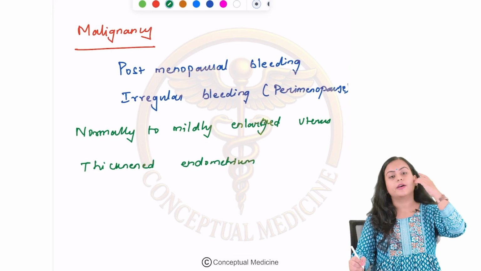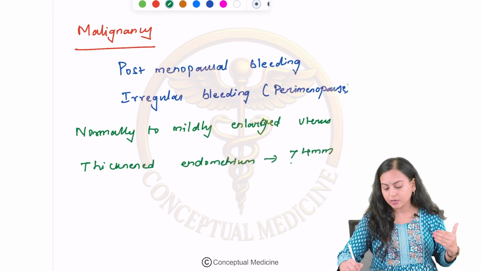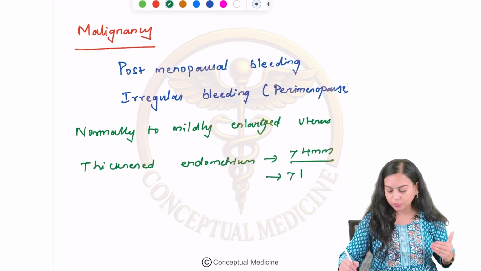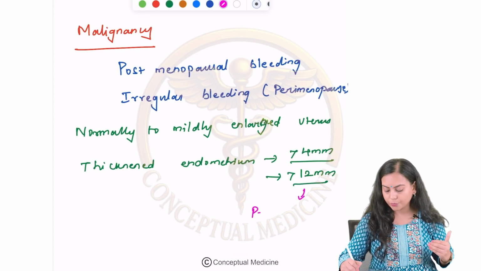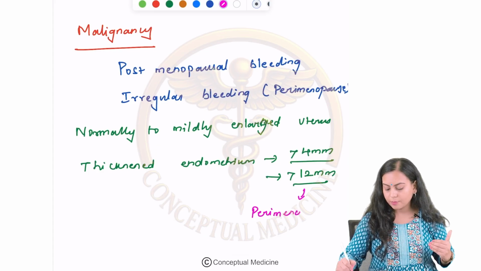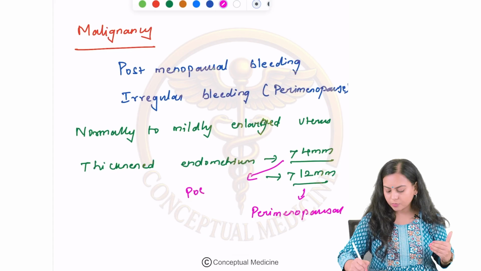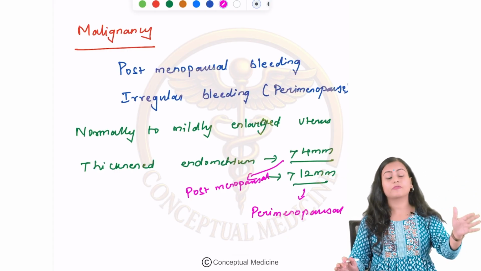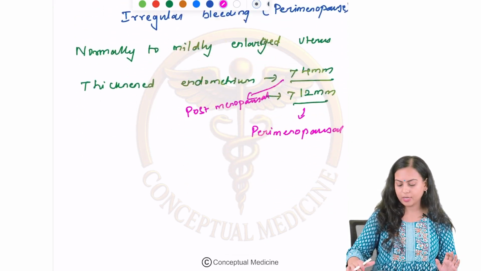Especially we have to be worried when the thickness is going more than 4 millimeter in postmenopausal women and more than 12 millimeter at the perimenopausal age group. Okay, so this is for the perimenopausal age group and this is for the postmenopausal women. Clear? Anyhow, that category will be going for postmenopausal bleeding, but I am just letting you know the cutoff here. Okay?